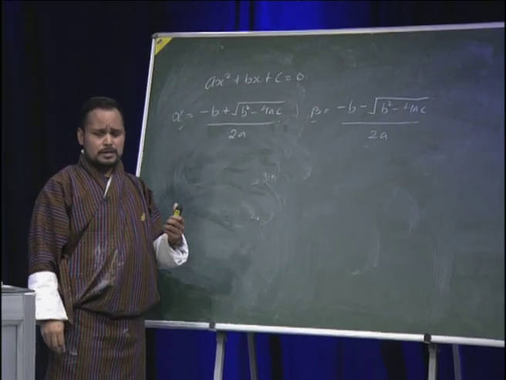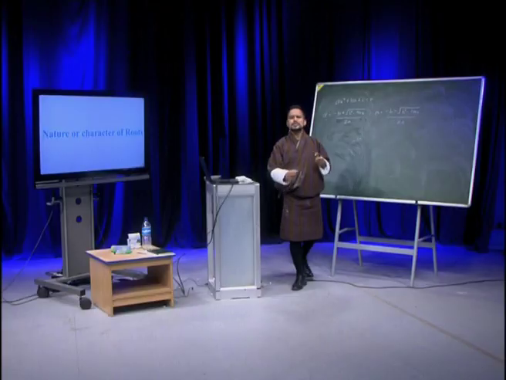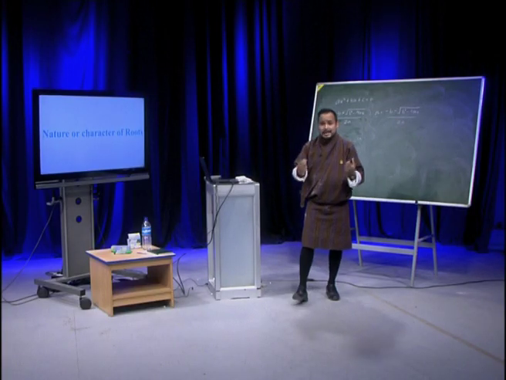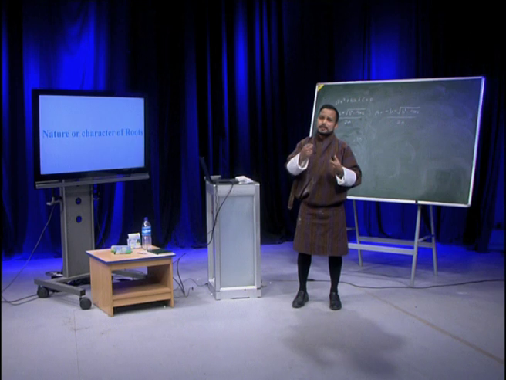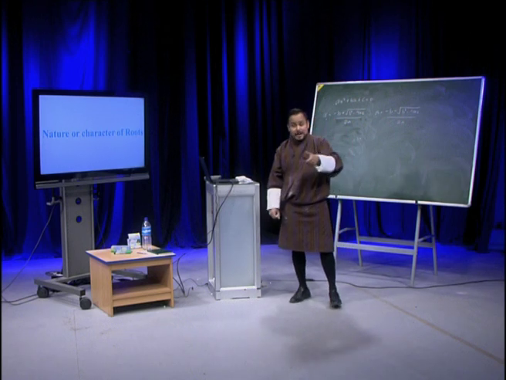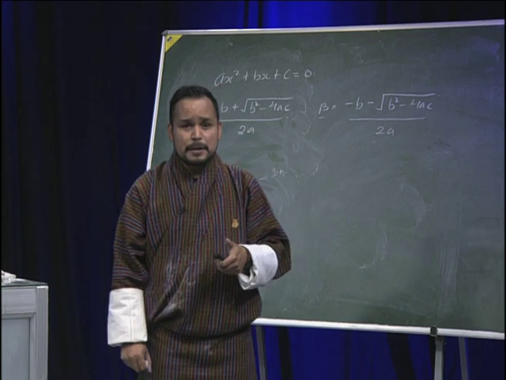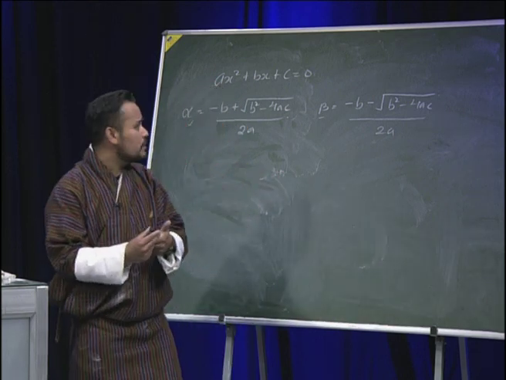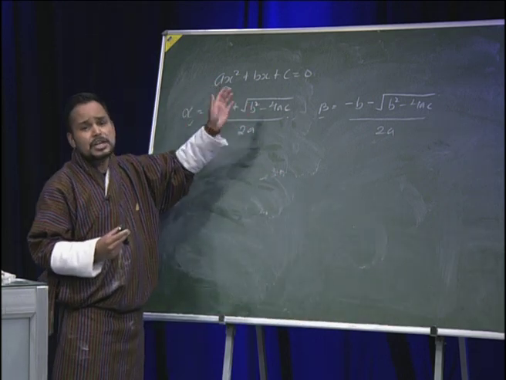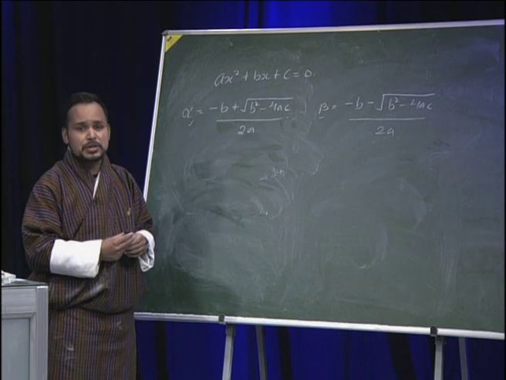Now this root can be an imaginary number, a complex number, a real number, a rational number, or a real and irrational number. Now we can examine the nature of the roots of this quadratic equation.